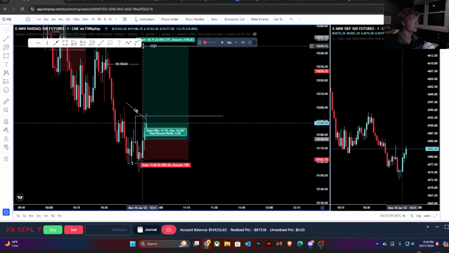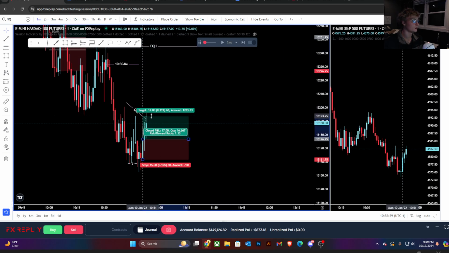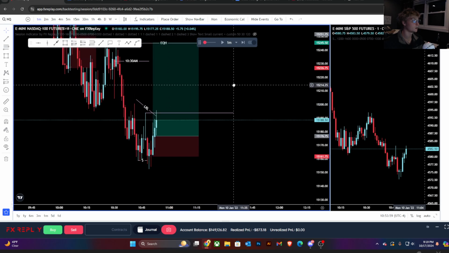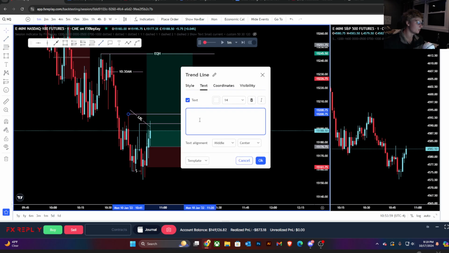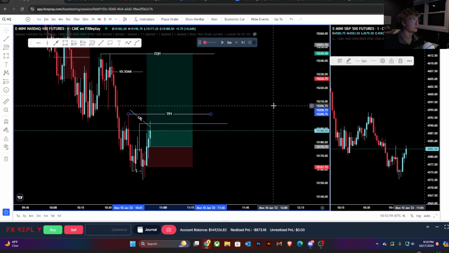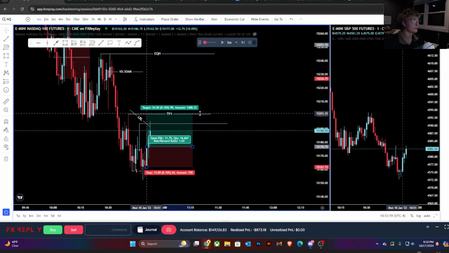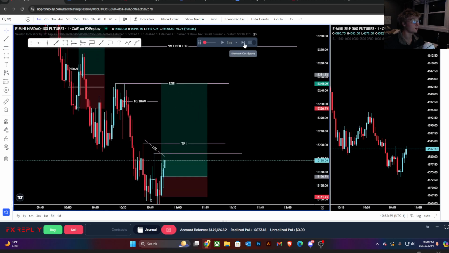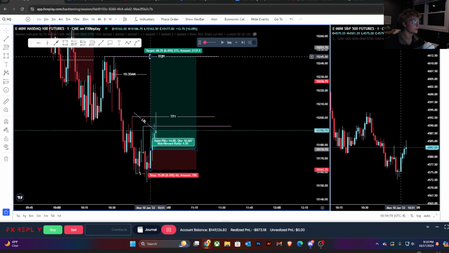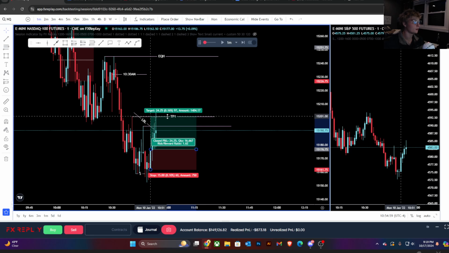Alright, so TP1 right there. Probably wouldn't TP there yet. I would be break even though, and then TP1 would be right here. I'll take off 50% since this is a super unbalanced range above. So yeah, I would have taken off 50% there.